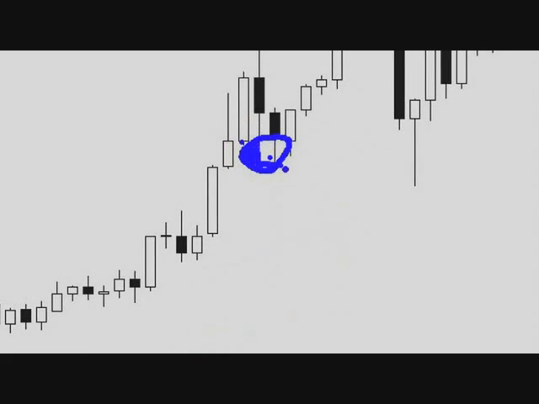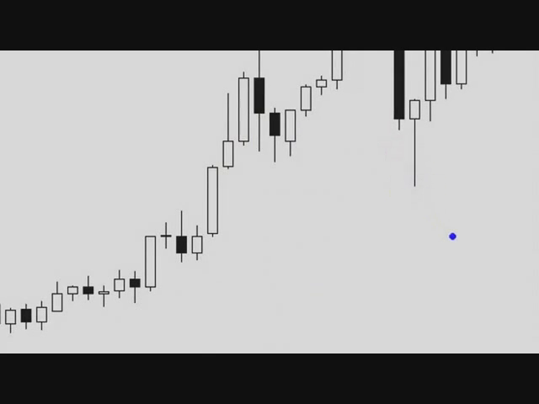Price has found support there. Price breaks up, and chances are when price gets back to this relevant area, it's going to find support again. And it did with this pin bar reversal, the last reason for the trade, the very obvious pin bar reversal.